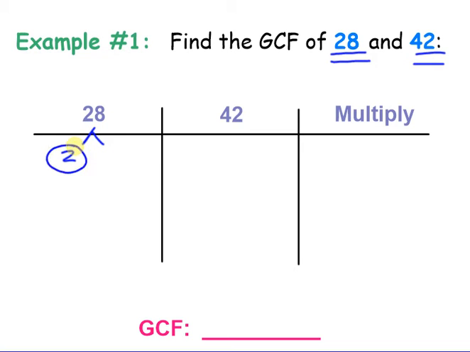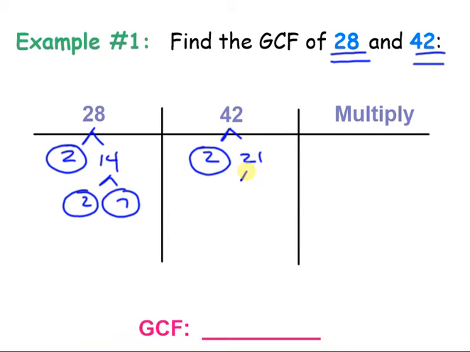We have 2 and 14, and again, if you break them up differently, that's fine. I'm going to do 2 and 7, okay? Now I'm going to do 42, so I have 2 and 21, and I have 3 and 7. And remember, even if you broke them down differently, it's okay because you're going to end up with the same number circled at the end.